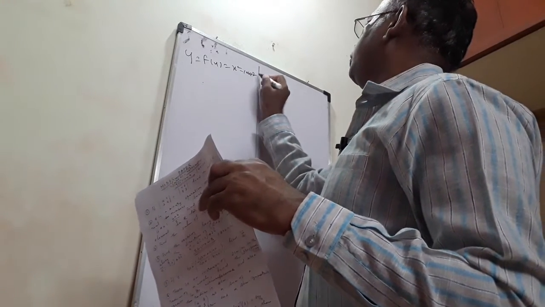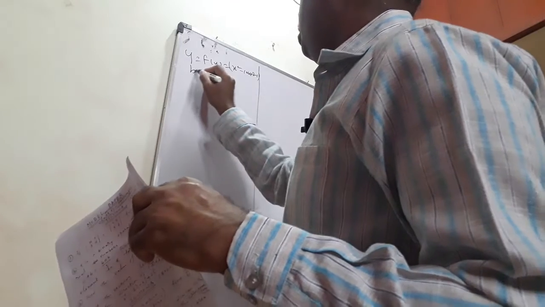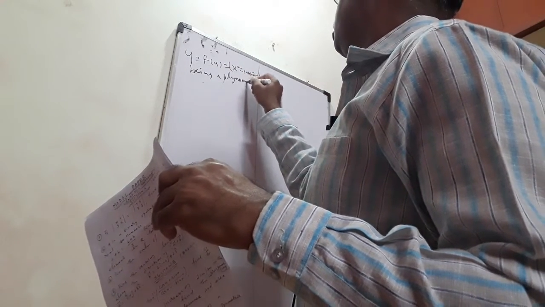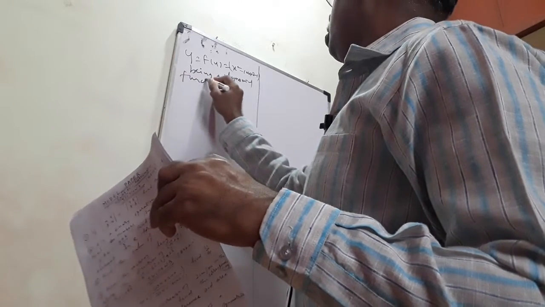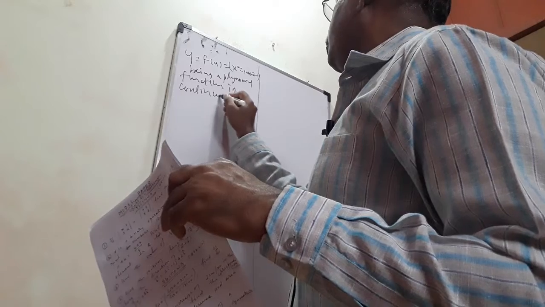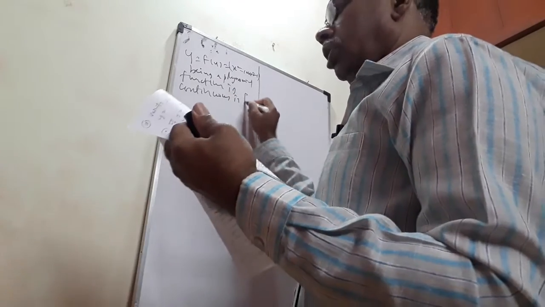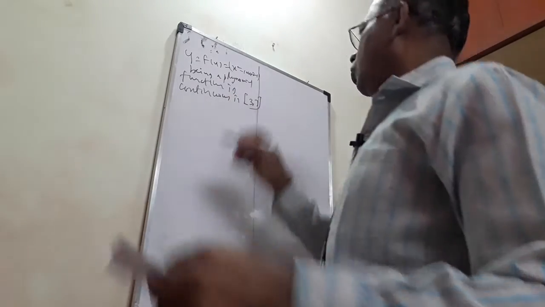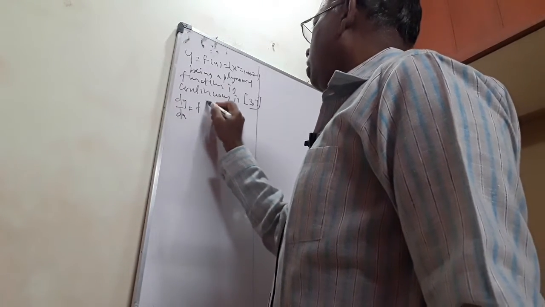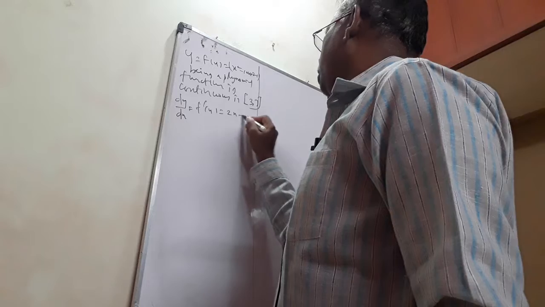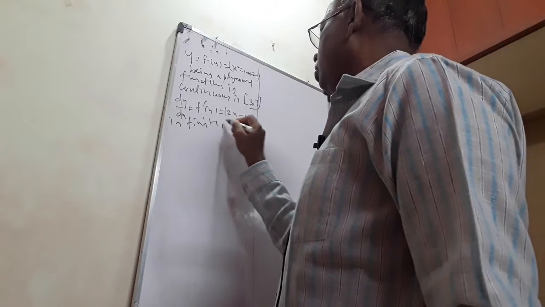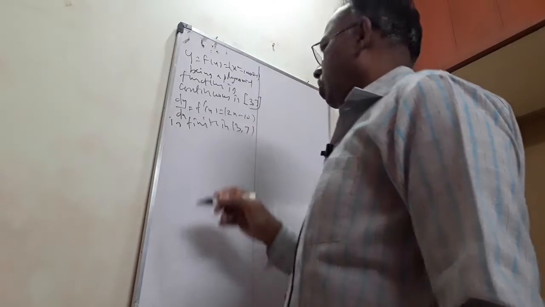Okay. Now y equal to f of x equal to x squared minus 10x plus 21, being a polynomial function, is continuous in the closed interval [3, 7]. Now dy by dx equal to f dash of x is 2x minus 10, which is finite in the open interval (3, 7).